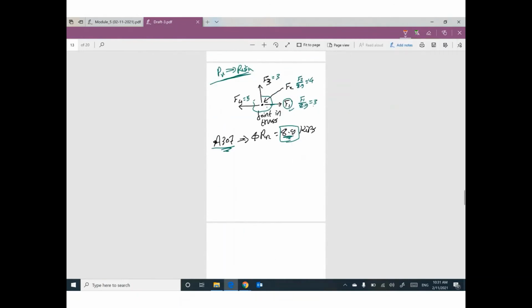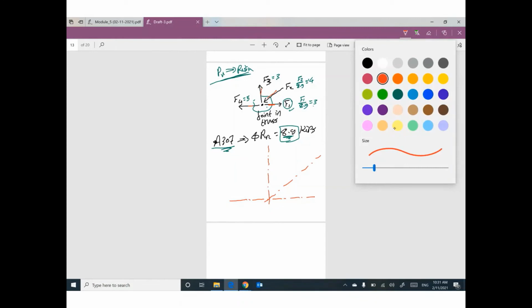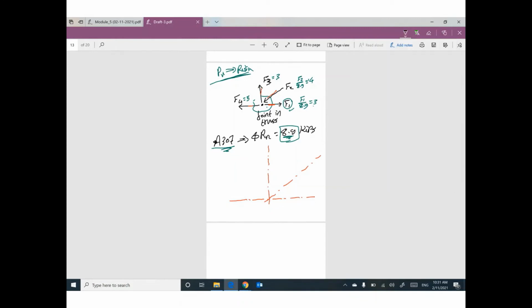Okay, guys, first step, I will draw the center line of each member. That makes sense? Center line of each member. For this member, this member, this member, this member. Next step, you should design this member.